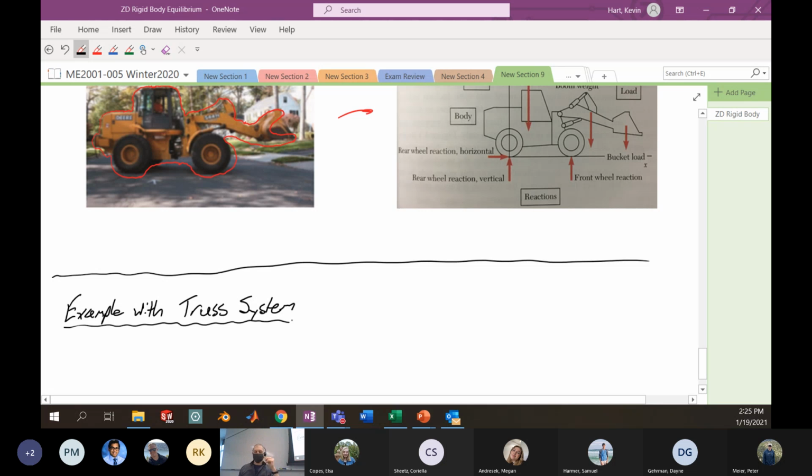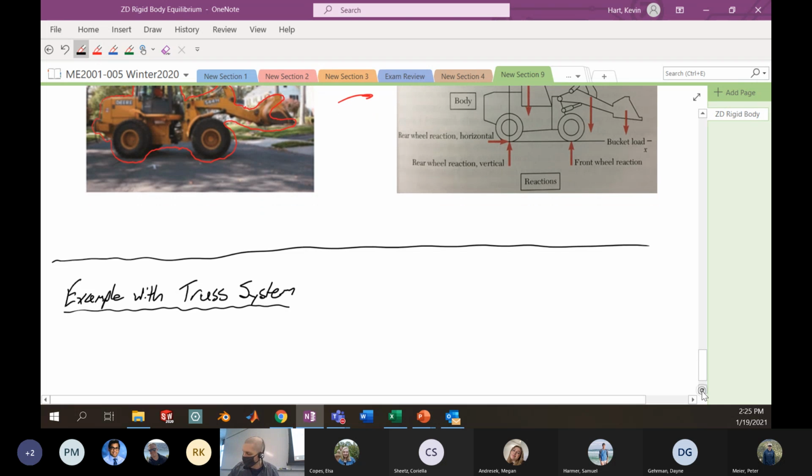Trusses are very common in engineering. If you've ever driven over a bridge in your life, you've probably seen some sort of truss structure. And trusses are powerful because of their load carrying capability and their ability to share load over multiple members. We're actually going to have about a week or so of just looking at trusses later in this class after your second exam.